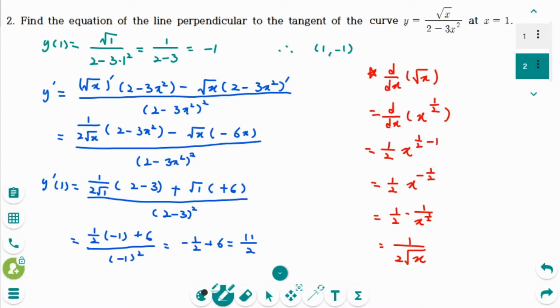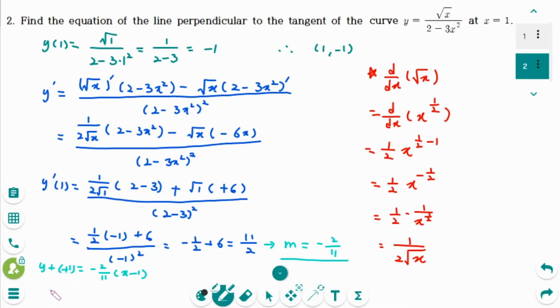11 over 2 is the slope of the tangent line. We need the slope of the normal line. So slope is minus 2 over 11, which is the negative reciprocal of the slope of the tangent line. Use the slope point form. So y minus (minus 1) equals minus 2 over 11 times (x minus 1).